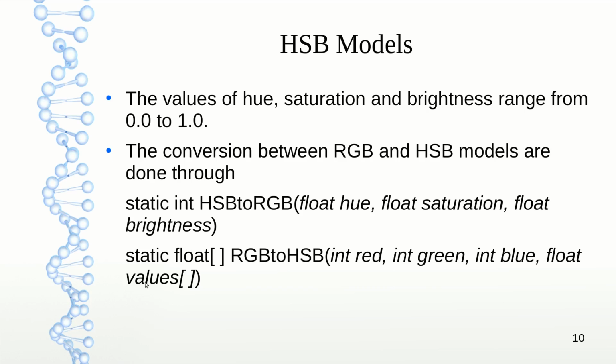And if this array is null, then this method will create a new array, and the values of hue, saturation and brightness will be populated inside the array, and that array will be returned back to the caller.